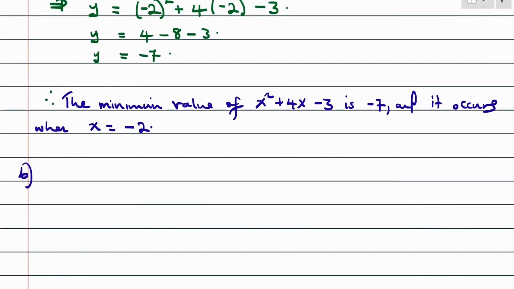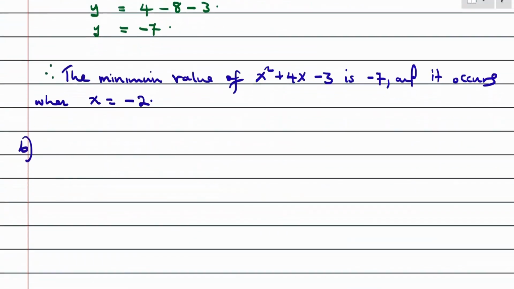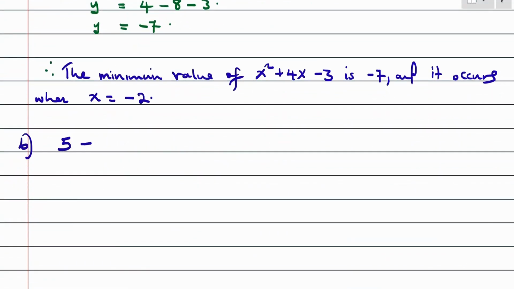Then we can try out part B. In part B, we have 5 plus 2x minus x squared.